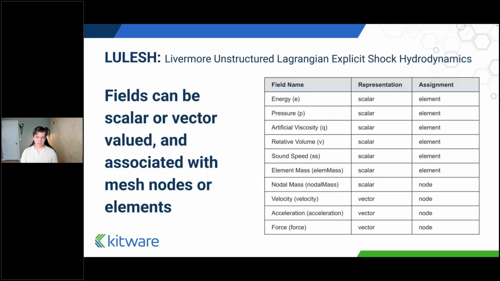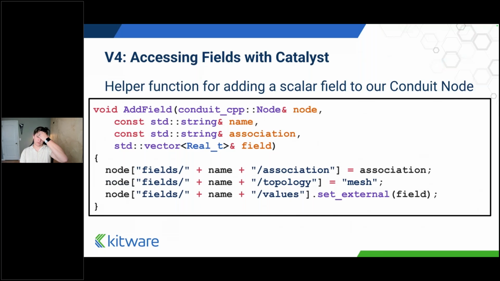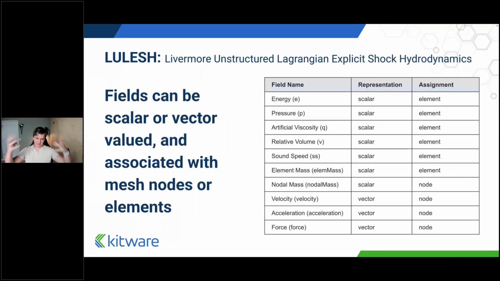But remember, Lulesh has a ton of fields, and some of them are scalars, some of them are vectors. So we don't want to hard code 4 lines of conduit node representation for each one of these. So we're going to write some helper functions to help organize all of this data.